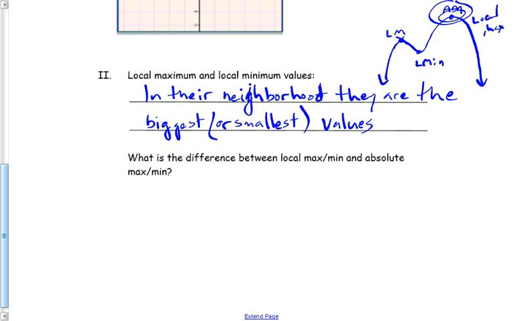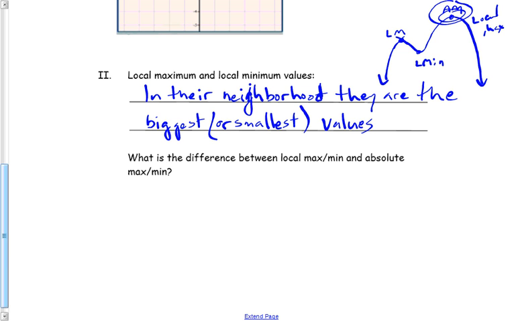Okay. So then, I don't know if I need to write anything for this. What's the difference between local max and absolute max? You're kind of developing a little bit of understanding here. Local means in the neighborhood. Absolute means there's no other value that's bigger, right?